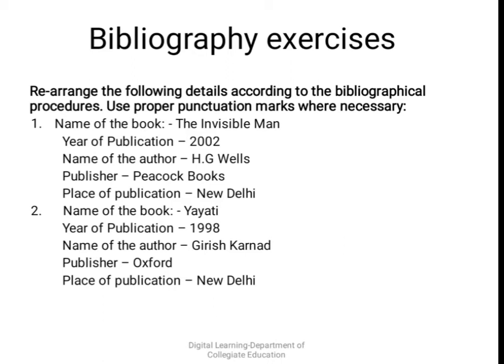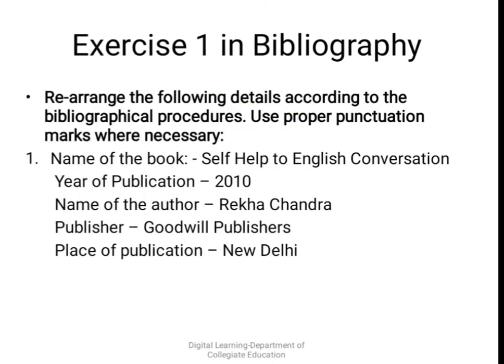Same is the exercise. Name of the book, Yayati. Year of publication 1998. Name of the author, Girish Karnad. Publisher, Oxford. Place of publication, New Delhi. So you revise what you have learnt and prepare the bibliography. Rearrange the following details. Name of the book, Self-Help to English Conversation.